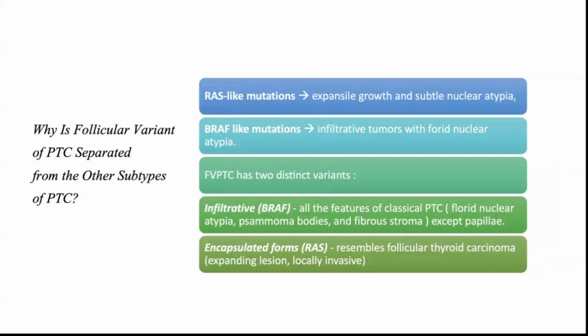That is, they would be encapsulated forms. However, when BRAF-like mutations are present, the tumors are more infiltrative and have florid nuclear atypia. Hence, FVPTC has been reclassified as infiltrative types and encapsulated forms of PTC.